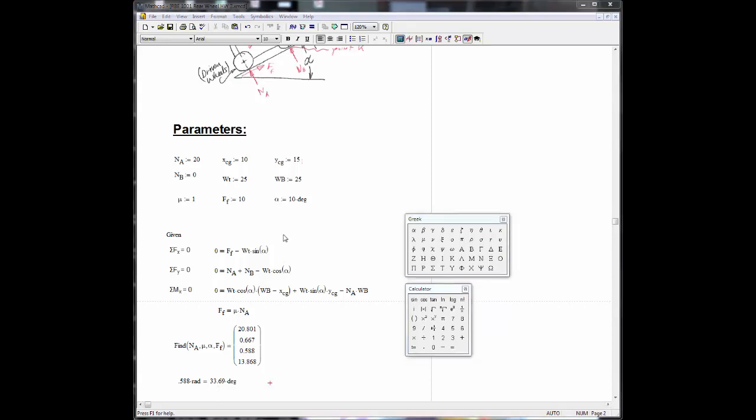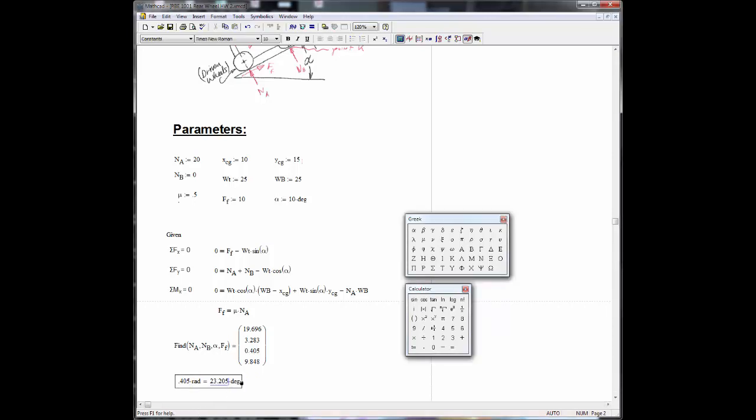Okay, so what about if the coefficient of friction is 0.5, less than that, right? And now if we come back to here, 0.405, and I'm actually going to have to stop here.